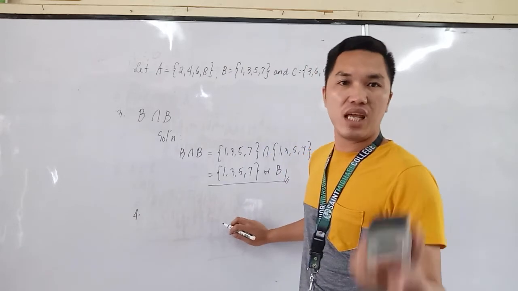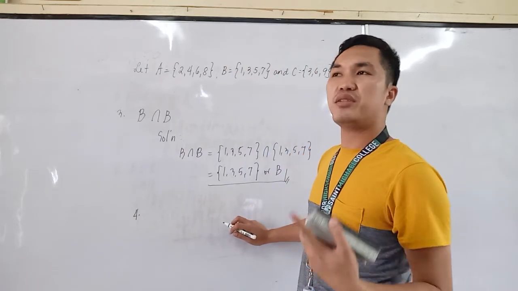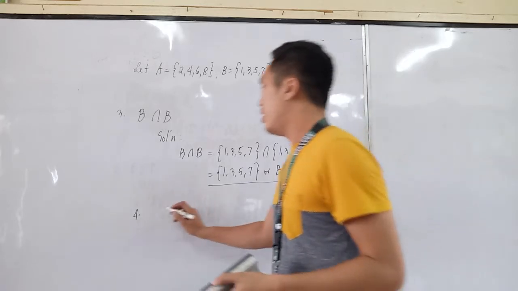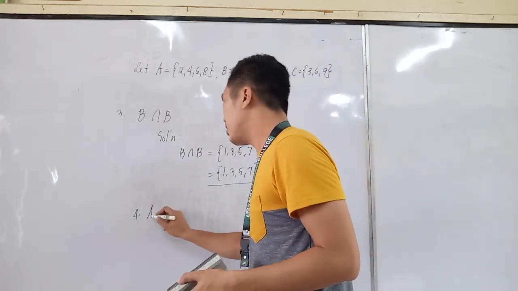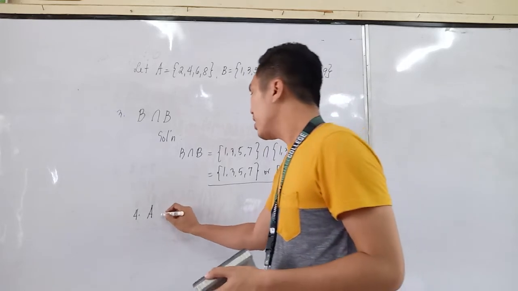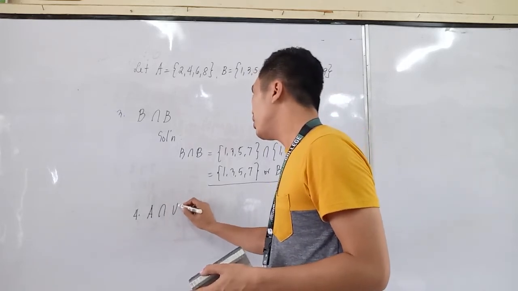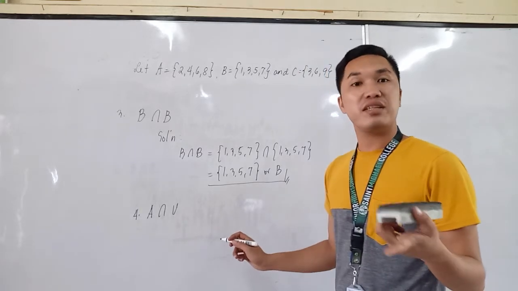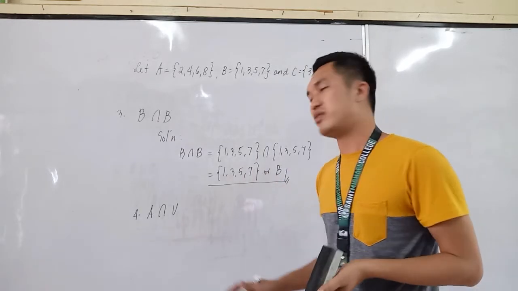What will happen if we will find the intersection of a set to a universal set? Okay, let us try with set A intersection universal. What will happen if we will intersect a set to a universal set?